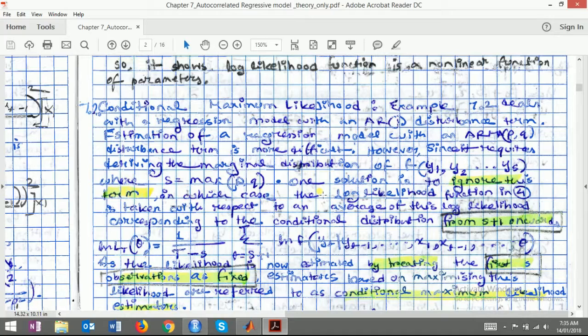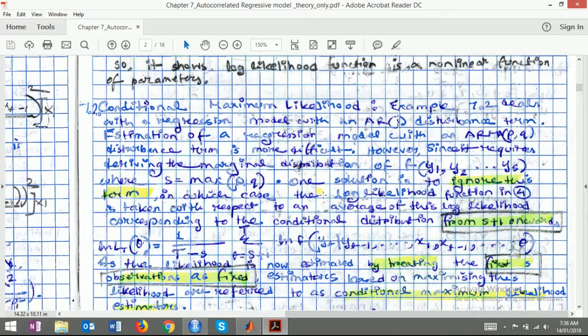However, since it requires deriving the marginal distribution of a function of y's, where s is the maximum value of the lags p and q, one solution is to ignore this term, in which case the log likelihood function in number 4 is taken.